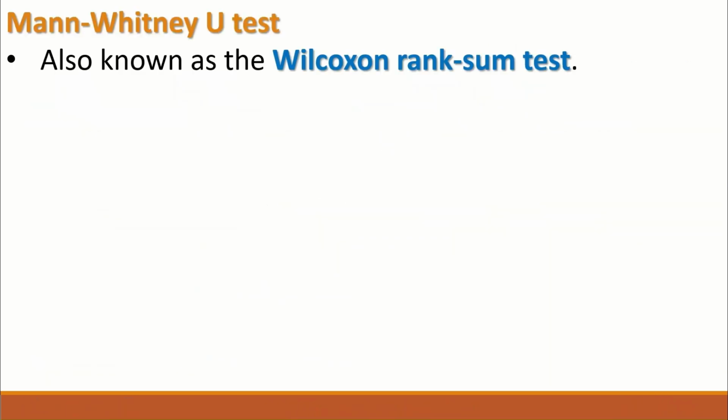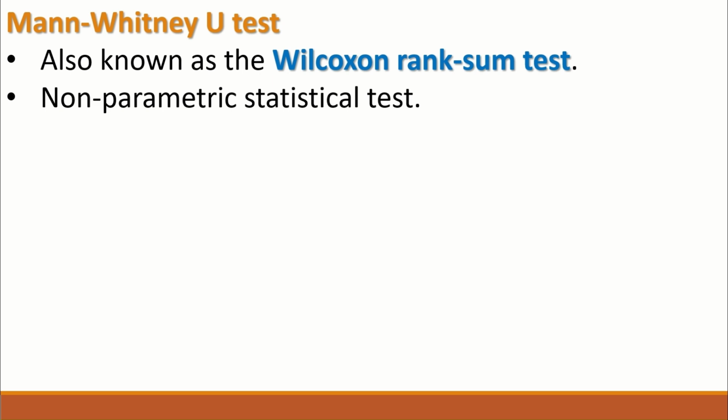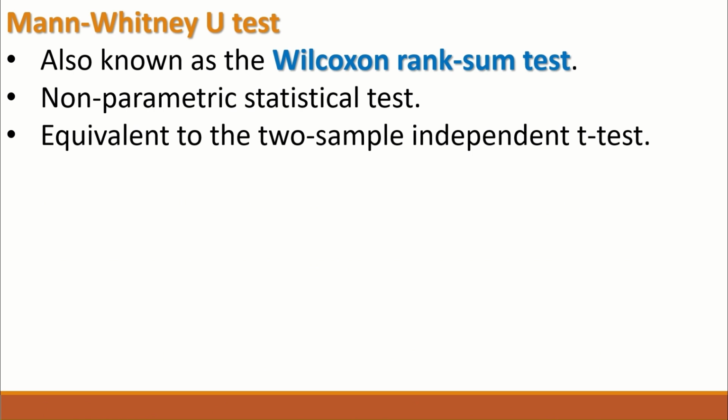The Mann Whitney U test, also known as Wilcoxon Rank Test, is a non-parametric statistical test for data that lacks normal distribution. It is equivalent to the two-sample independent t-test.